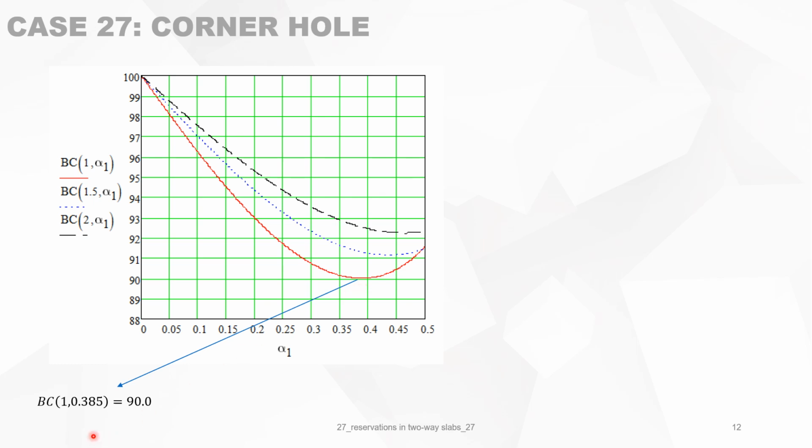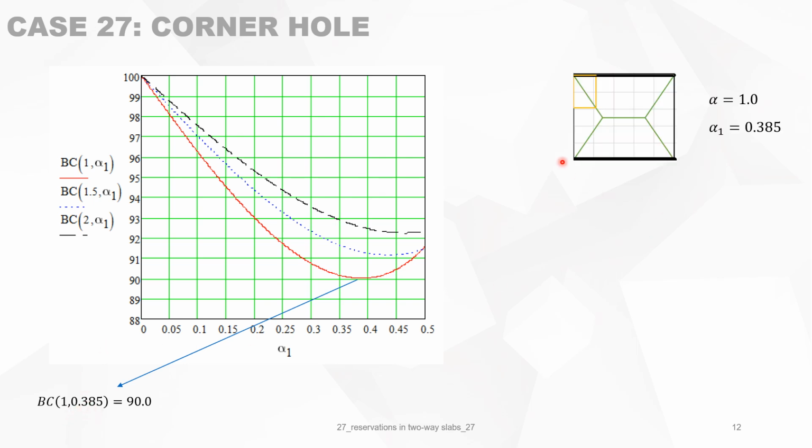The maximum loss can go to 10% for a square slab, and it happens with a size of the reservation of 0.385 times A. So it looks a little bit like this, where the reservation is in the corner. This leads you to the maximum loss of 10% in bearing capacity.